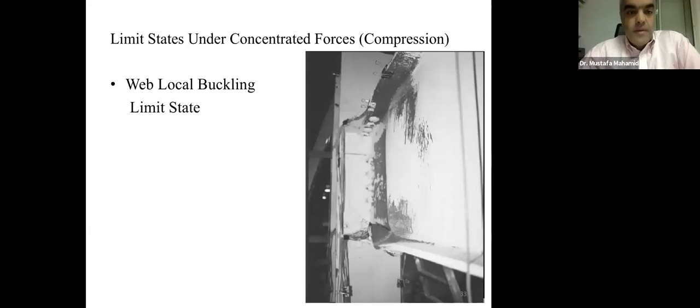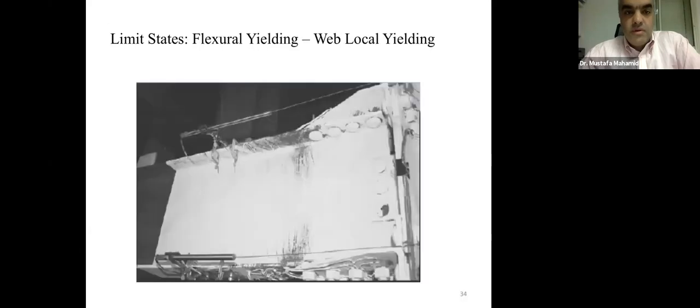We have the web local buckling limit state, so that's also a possibility. Again, it could be in seismic connections, or in a typical gravity connection when subjected to a concentrated load.